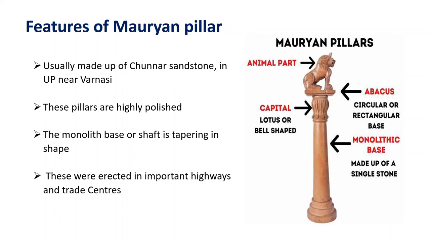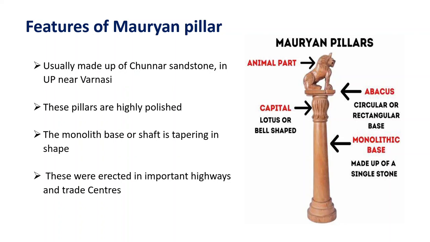That means it is made out of the same material, and it is highly polished, and its glitter will never go. These are erected on important highways and trade centers, so that every person who visits his kingdom can learn about his Dhamma policy.